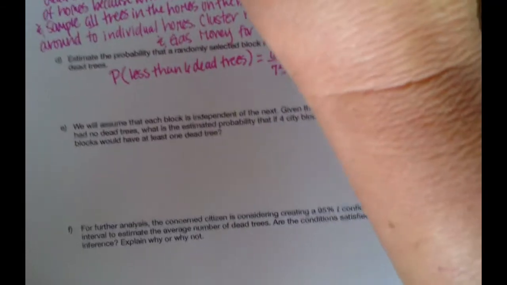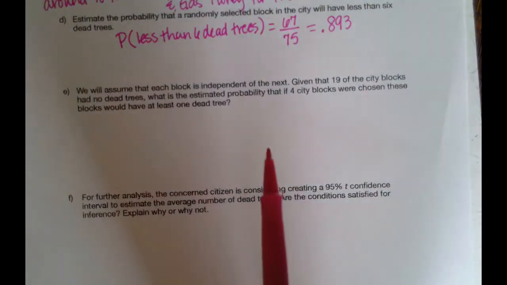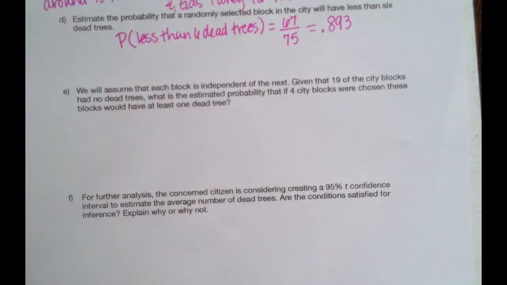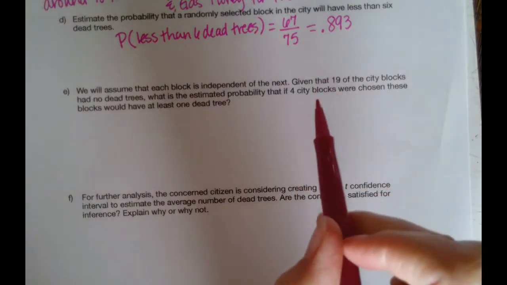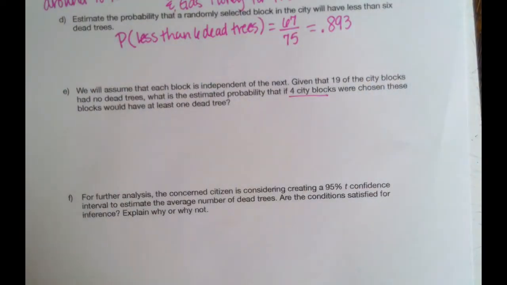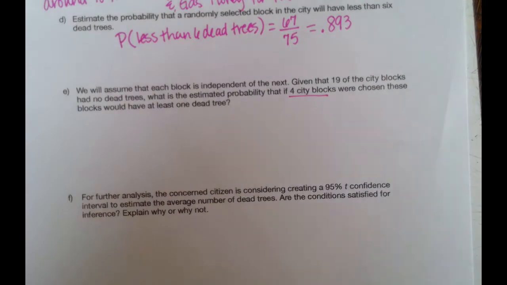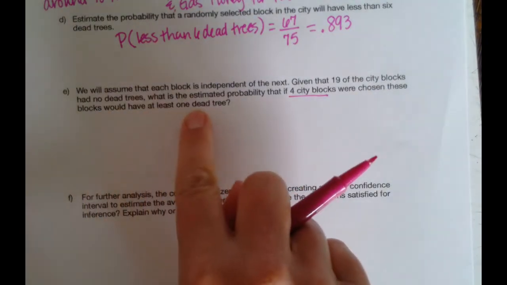Okay, so next is, let's see, it says we will assume that each block is independent of the next, given that 19 of the city blocks had no dead trees. What's the estimated probability that if 4 city blocks were chosen, these blocks would have at least 1 dead tree?